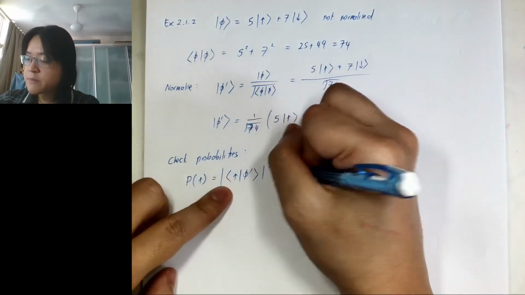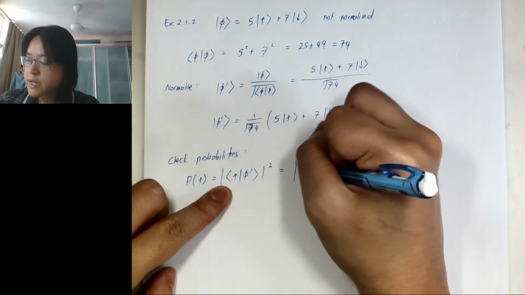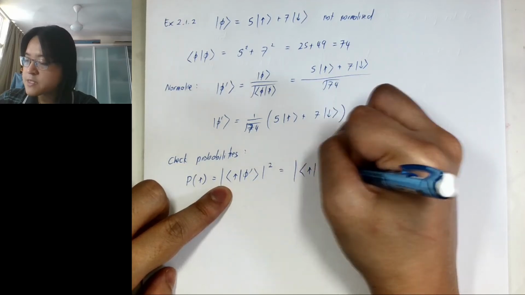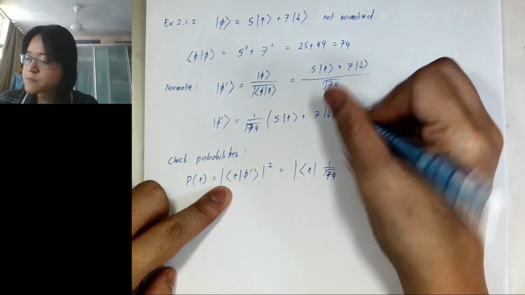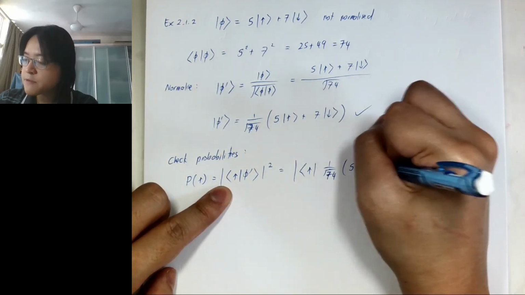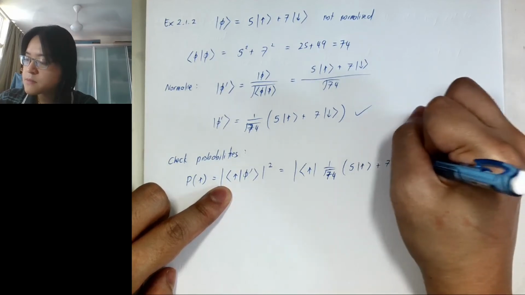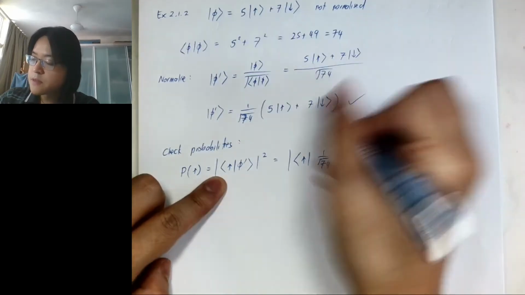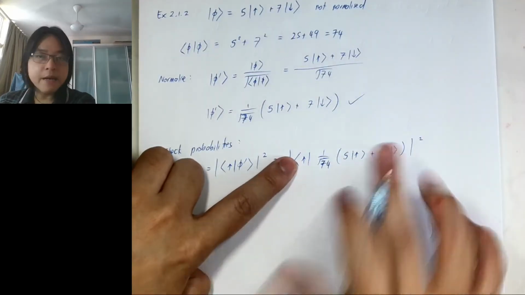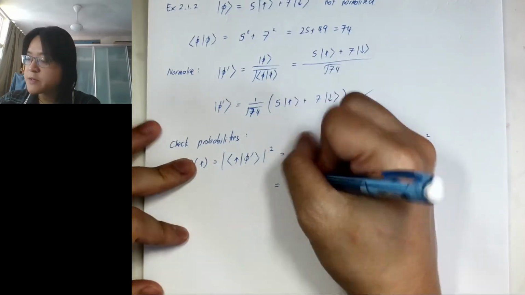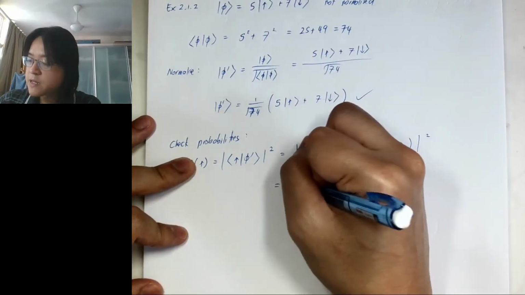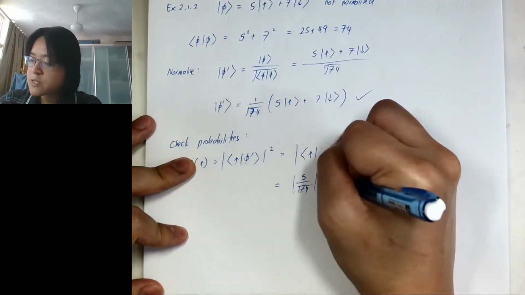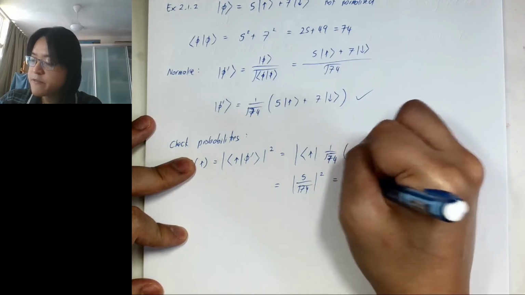That means it equals taking the up bra and closing it on 1 over square root of 74 times 5 up plus 7 down. The up bra times the down ket gives you 0. The up bra times the up ket gives you 5 over square root 74, but absolute squared. So I get 25 over 74.